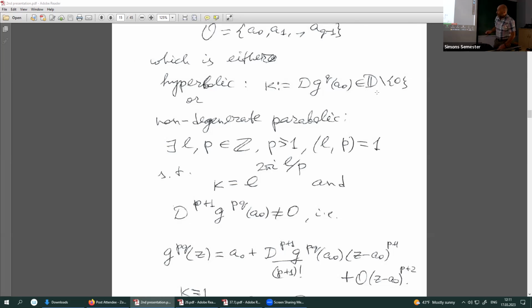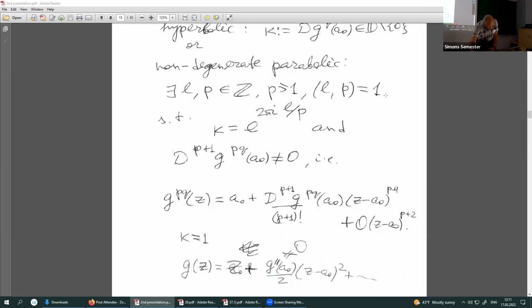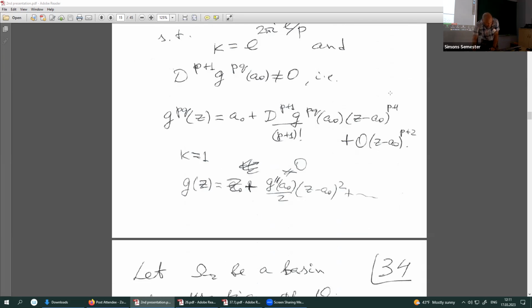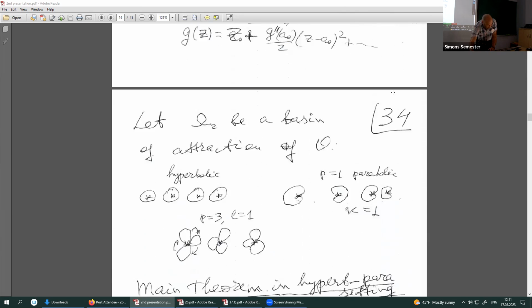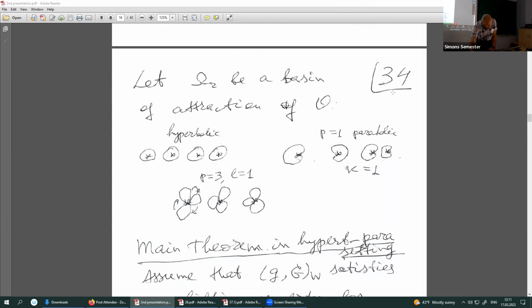Okay. For example, if the multiplier is just 1, it means that the second iterate, I mean, this is just non-zero. This one. Okay.